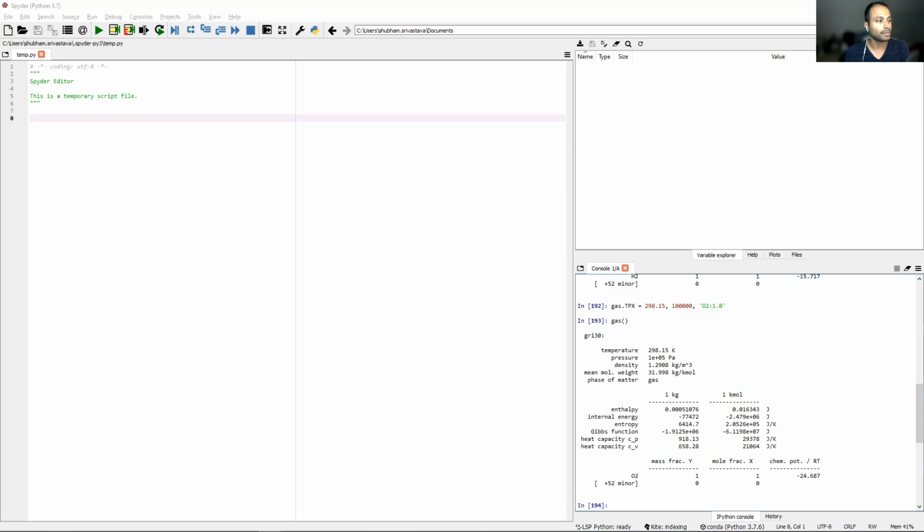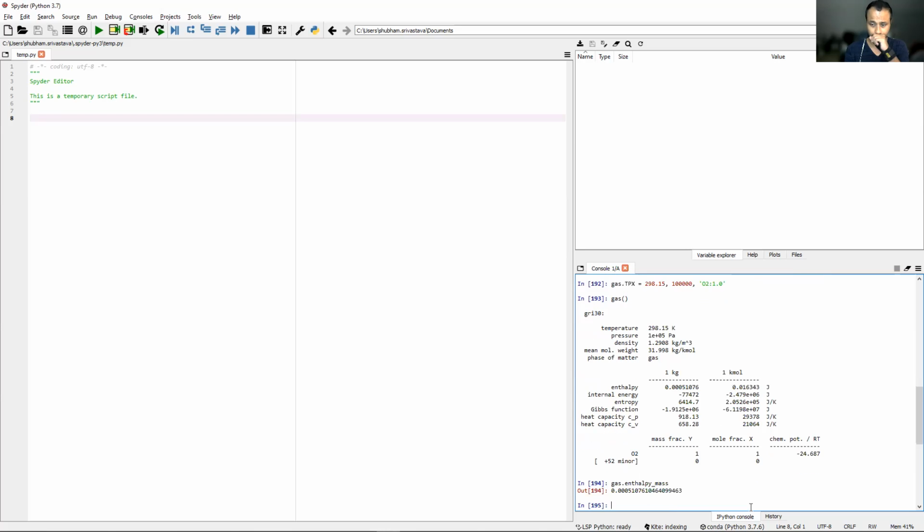Now let's go ahead and look at the enthalpy of this mixture, or this phase rather. So I can write gas dot enthalpy underscore mass. If I hit enter, it shows you the enthalpy in terms of mass units, so joules per kg.